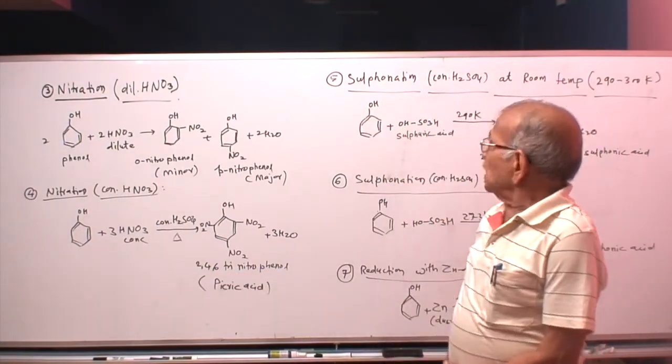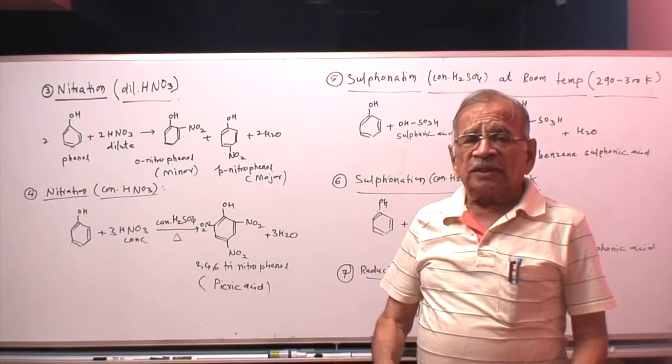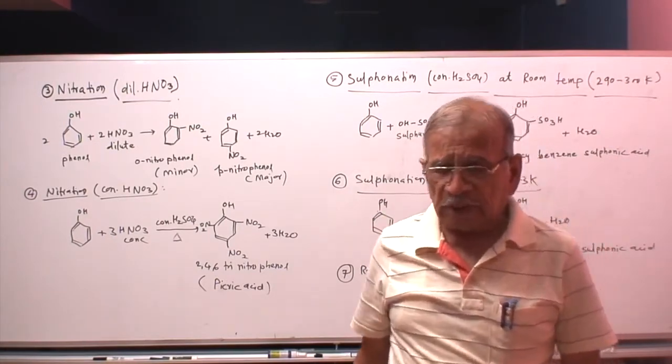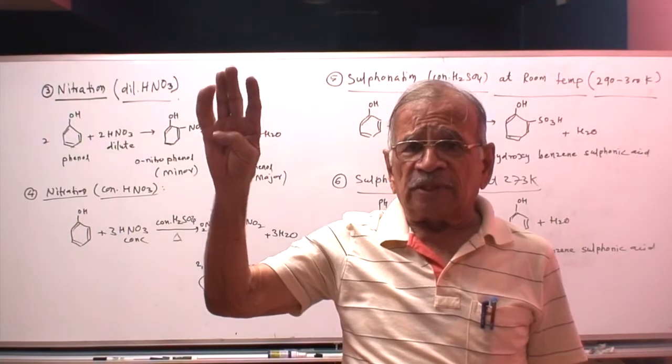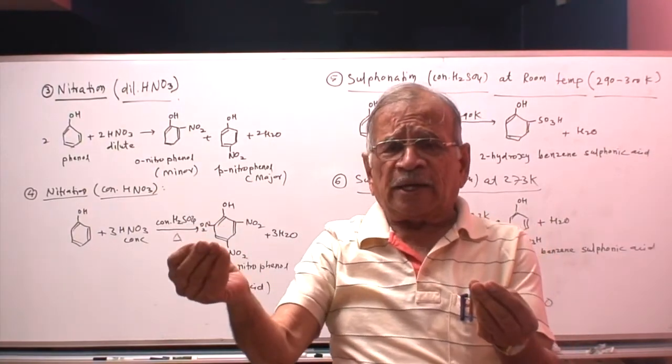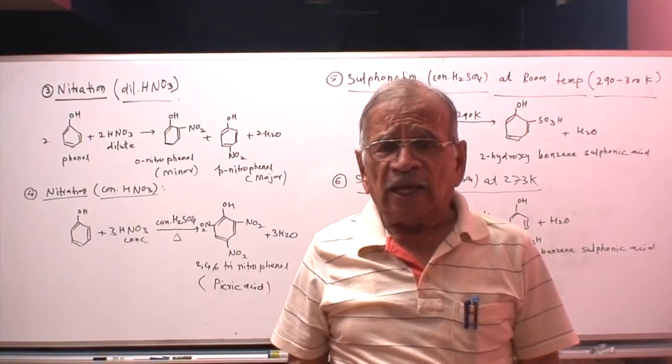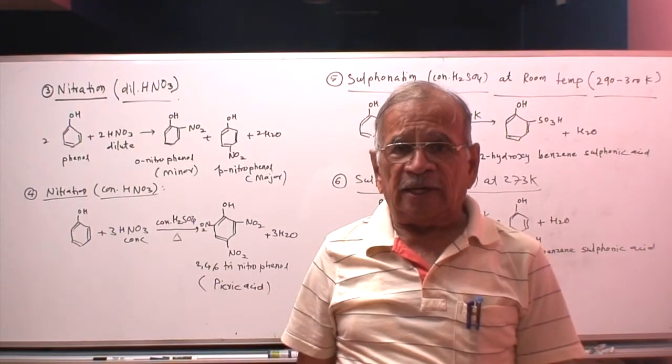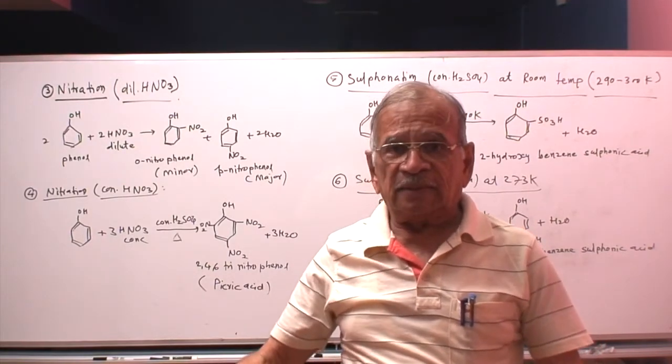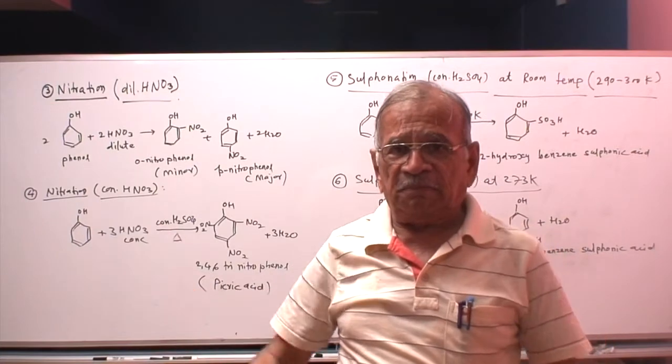Next reaction is sulfonation. There are two reactions of sulfonation. One at room temperature, that is about 290 to 300 Kelvin. Another is at 0 degrees centigrade. The products are different. The reactants are same.